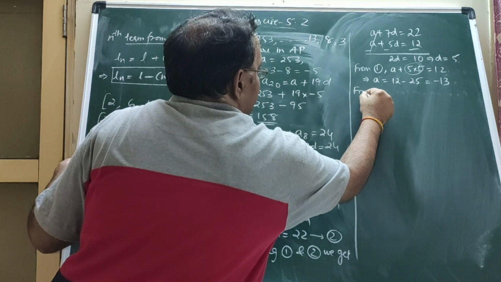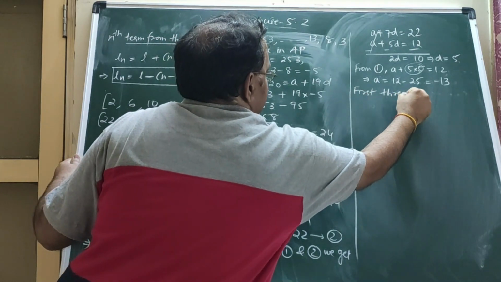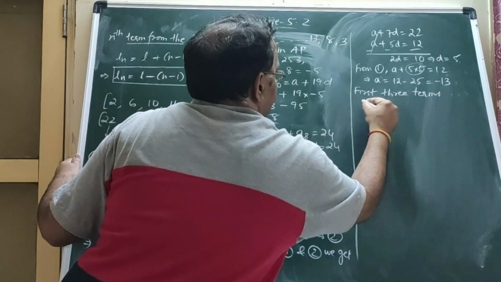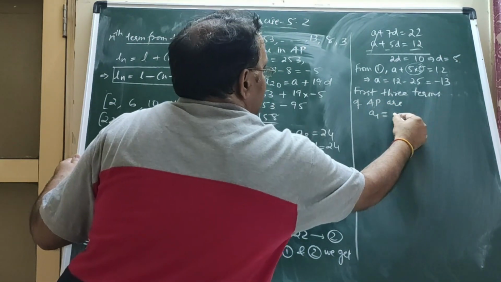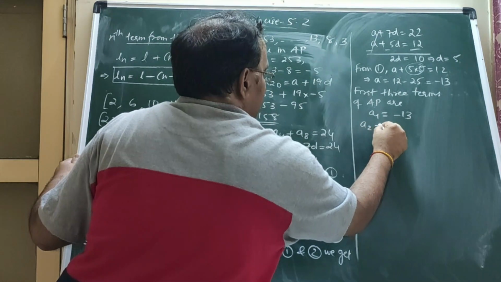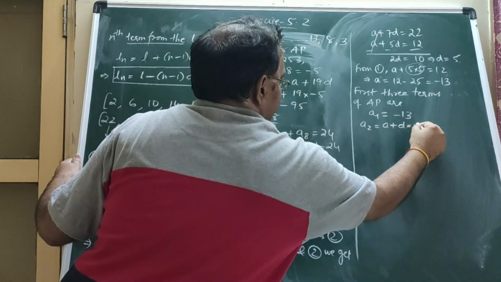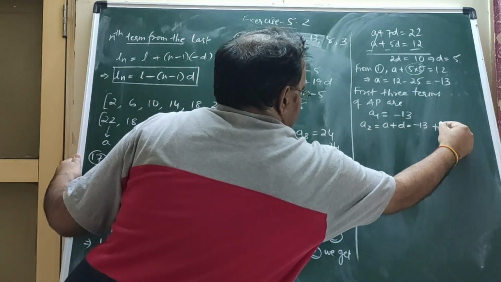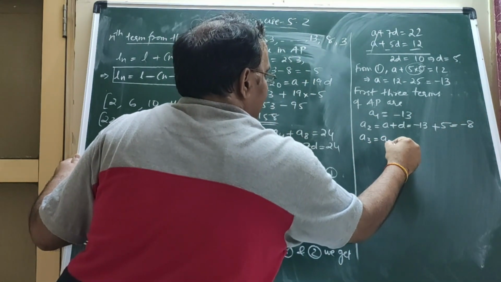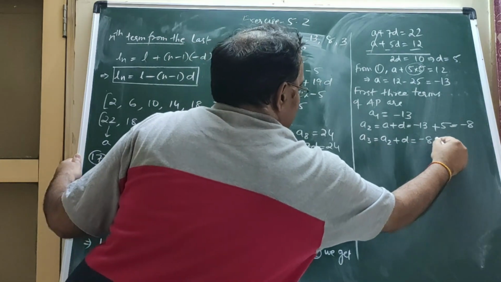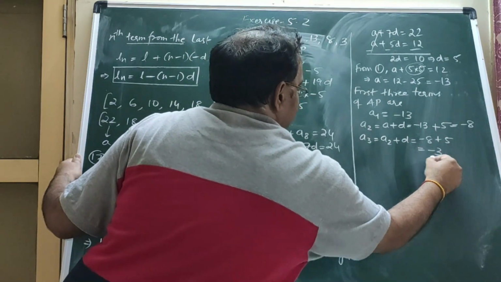So first 3 terms of AP are A1 minus 13, A2 A plus D, that is minus 13 plus 5, minus 8, and A3 A2 plus D, that is minus 8 plus 5, minus 3.